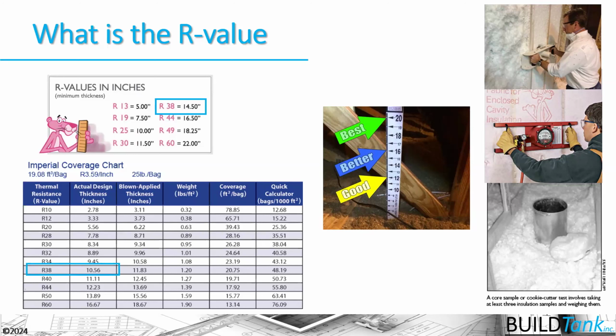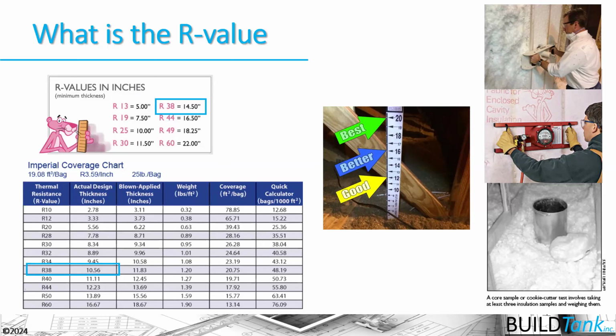Why we bring that up is that there are some materials, like the one up above, that need 14.5 inches of material to get an R38. So it's very dependent on the installation and understanding what material you're looking at. Just because it's fiberglass doesn't mean that it needs 14.5 inches.